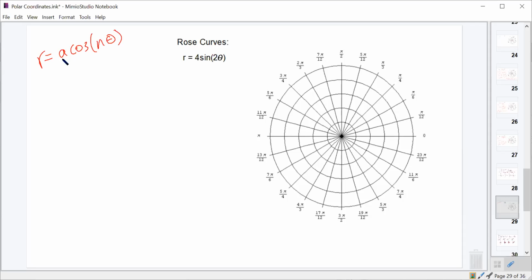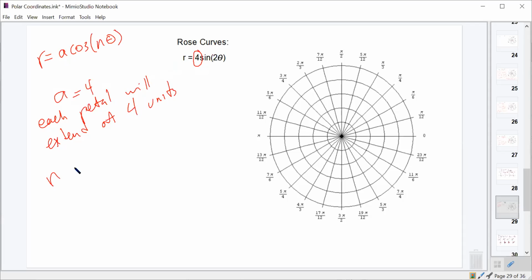Couple of things that we will note is that the a value, a equals 4 in this case, and then each petal that we have on this will extend out 4 units from the pole. Okay? So we're going to have petals that stick out 4 units.